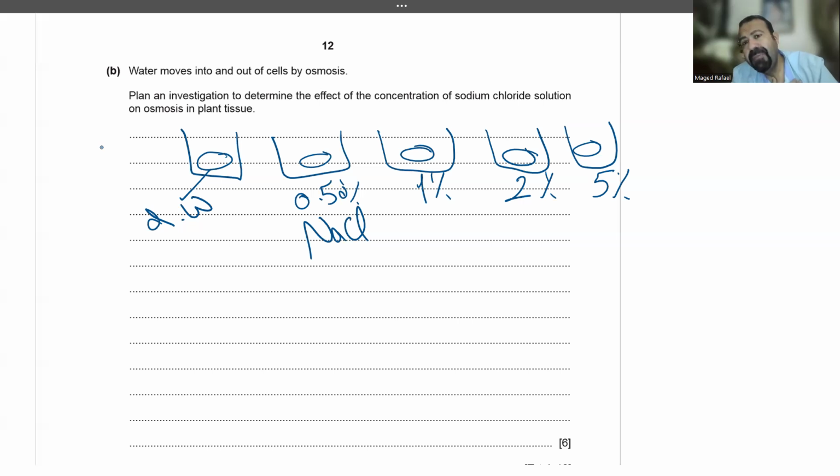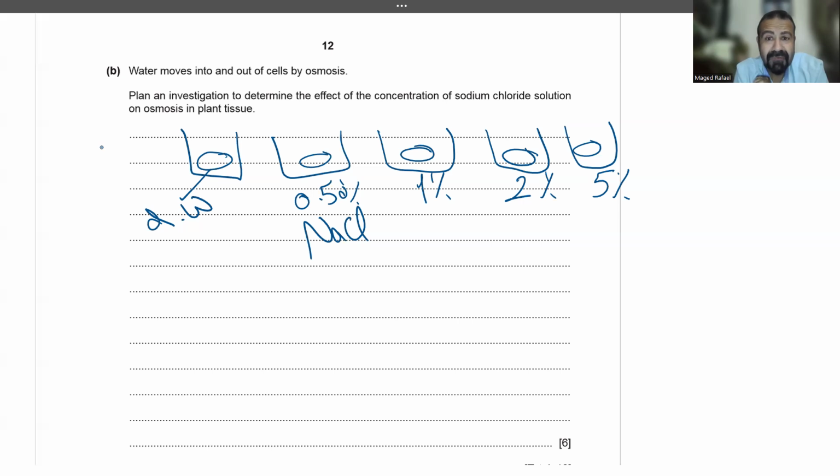But to do that, I have to mention that I will measure the mass of the plant tissue at the beginning of the experiment, and I will measure it by the end of the experiment to get the difference. From this experiment, some plant cells will take water and some plant cells might lose water. So the measurement will be based on the difference in mass.